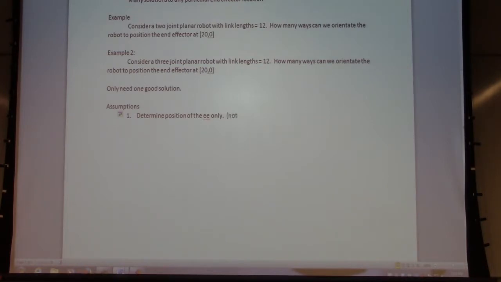That means that we're not going to factor in orientation. The algorithm that we're going to develop could be used to factor in the orientation of the end effector as well as its position, but it's just not something that we're going to try to implement. We only have a week to do this assignment, and by factoring in orientation too, it would really make it quite difficult to factor in both elements.